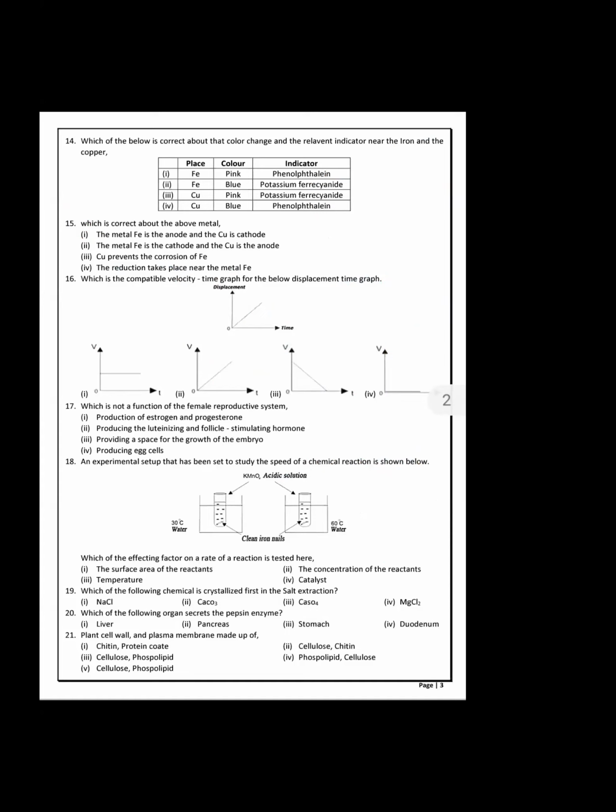16. Which is the compatible velocity time graph for the below displacement time graph? When we consider compatible velocity, what will be the answer? Here they ask for the compatible velocity and time graph.